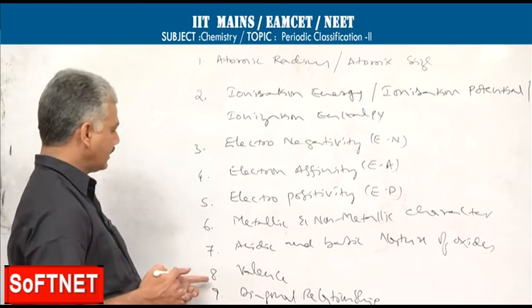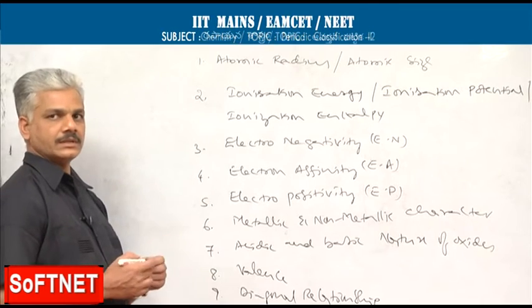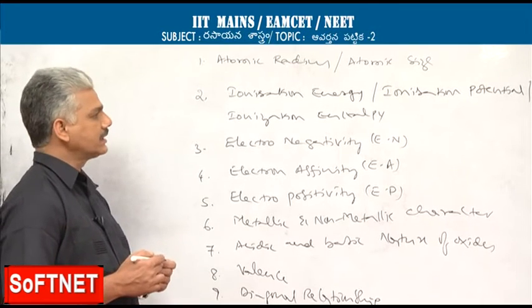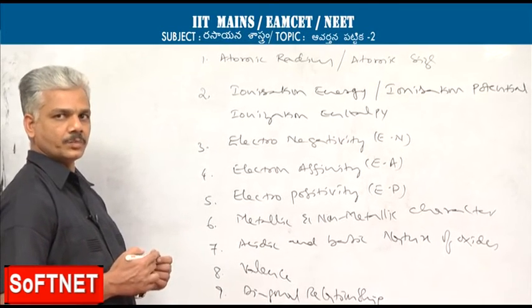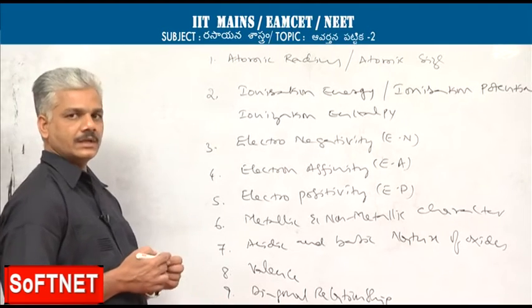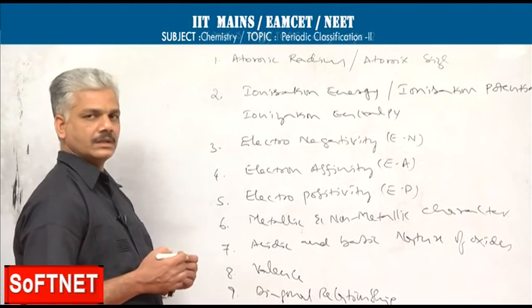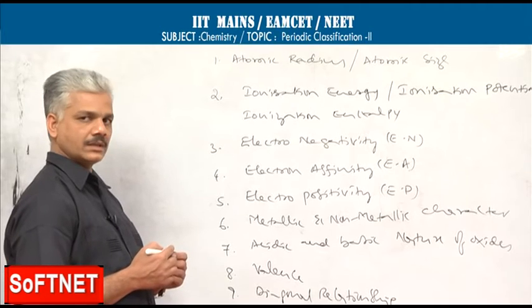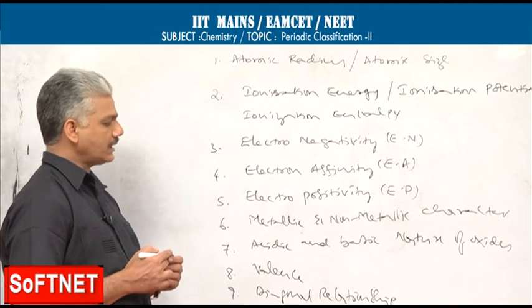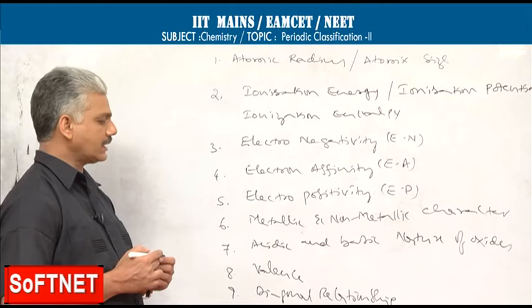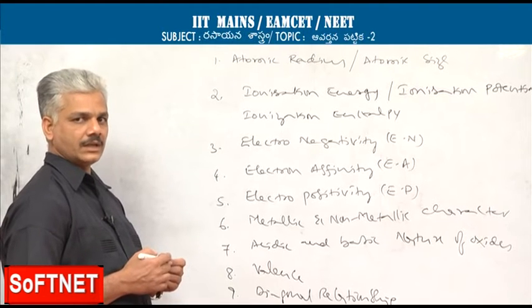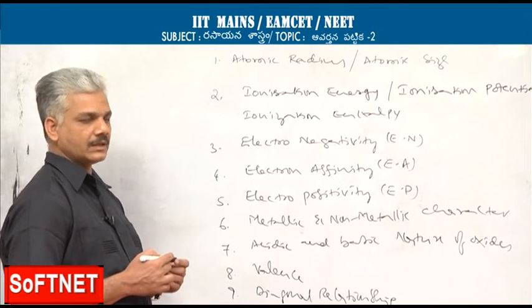Out of the 9, the first 8 properties regularly change in the period and group, whereas the diagonal relationship property is limited to only the first 2 periods, and it is observed only among elements of 1A, 2A, 3A and 4A groups.